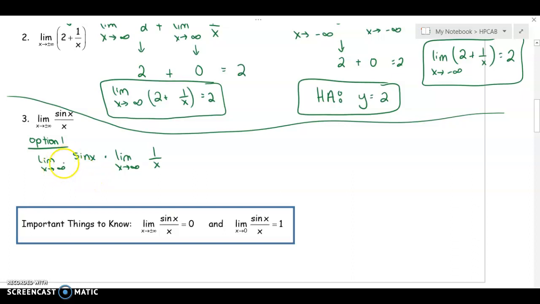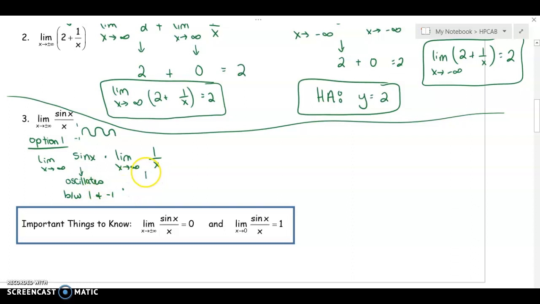Now, the limit as x approaches infinity of sine of x. This one's a little bit weird, because depending on what value you put into sine of x, you're going to get different values. But remember that sine of x oscillates. It goes up and down, and it always goes between 1 and negative 1. So whatever we plug in for x, it's going to be somewhere between 1 and negative 1.